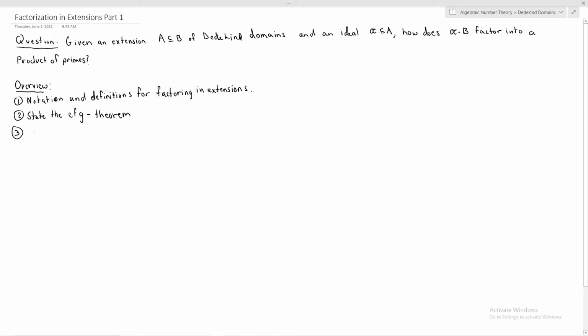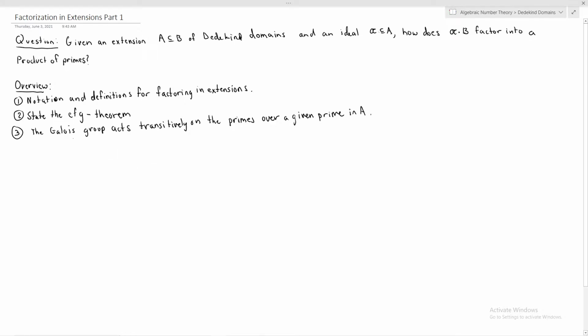We're going to prove a lemma, basically that if I have a Galois extension of number fields, and A and B are rings of integers in those number fields, then the Galois group is going to act transitively on the primes over a given prime.